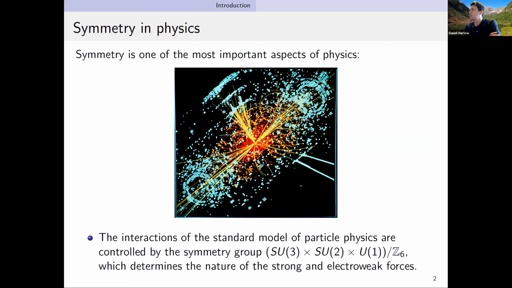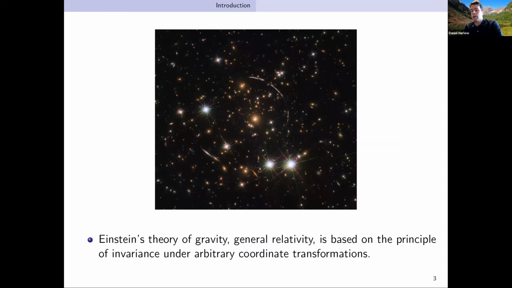It all has to be consistent with this symmetry. Similarly, Einstein's theory of gravity, which is general relativity, is also based on symmetry. It's based on the idea of being invariant under arbitrary coordinate transformations, which is kind of the mathematical expression of the equivalence principle.